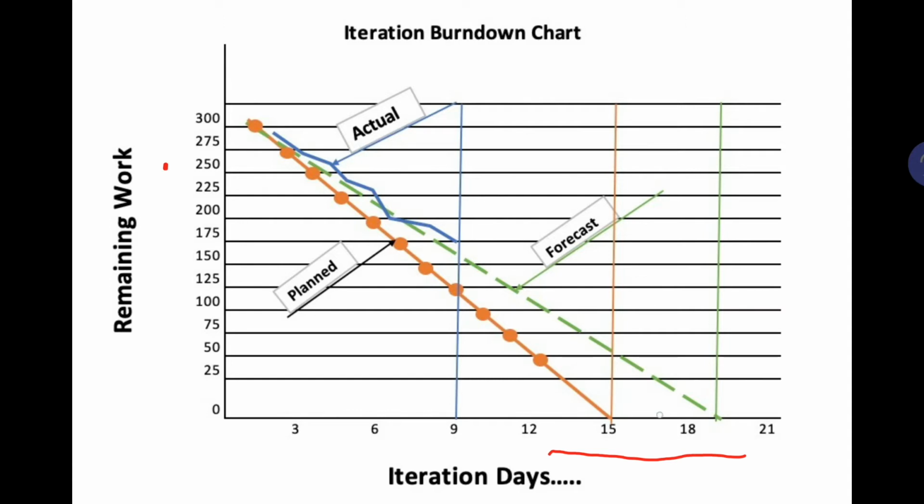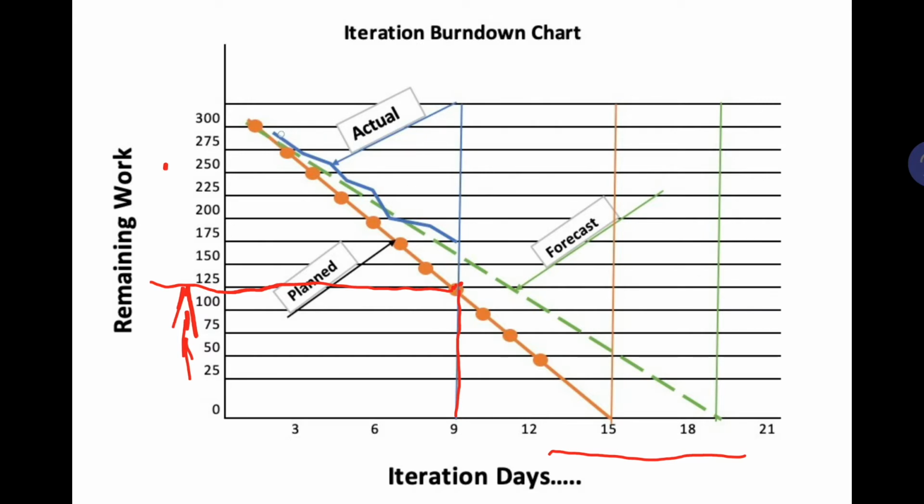So for that we can say we need to complete 20 activities every day to complete all 300 activities within 15 days. What happens is we check our progress on day 9. On day 9 we planned that we should have completed all the work except about 125 activities, up to here.